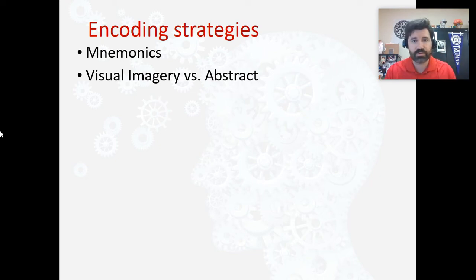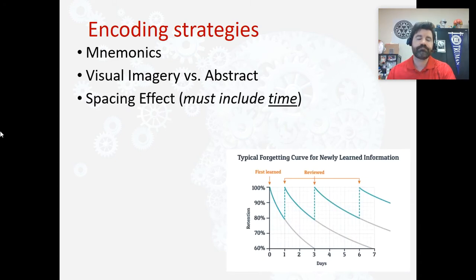So one thing we're going to do, for example, is we're going to learn about what's called the hippocampus. It's a part of your brain. Well, just the word hippocampus is very abstract. You likely don't have a visual for the hippocampus. But if I tell you to imagine a hippopotamus walking across a college campus, well, now you're starting to create something visual in your brain. It's a lot easier to remember when we do things like that.